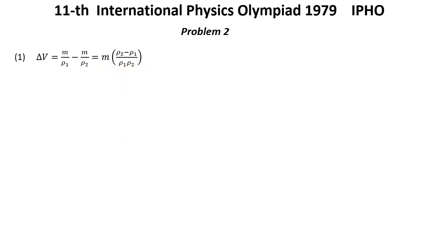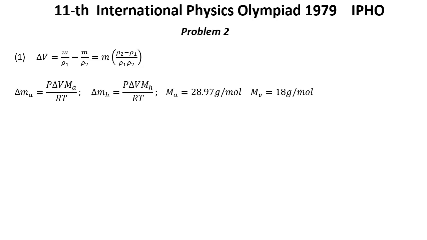In that case, mass difference can be found from the ideal gas equation of state in dry air and in humid air.